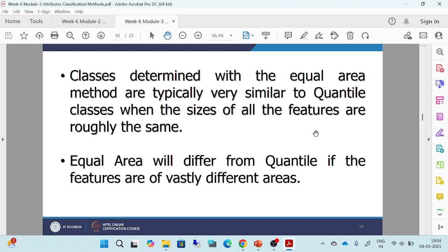In quantile also we are using frequency of occurrences of individual cell values. Now equal area will differ from quantile in that the features are of vastly different areas. Equal area has polygons with equal area. Quantile may not have the same area, but it will have the same number of pixels or cells.